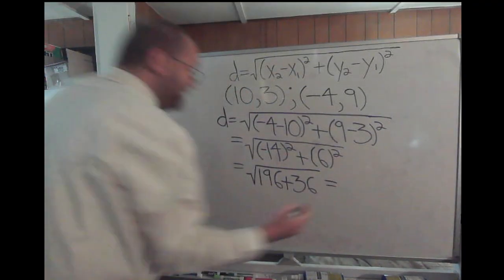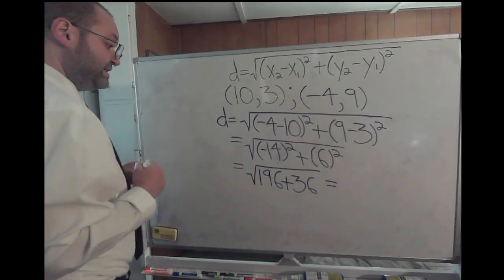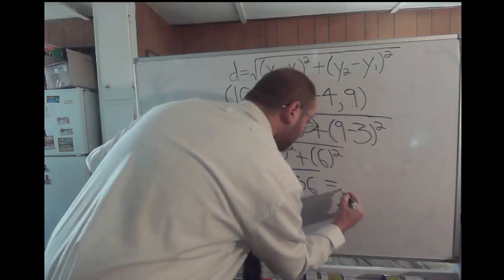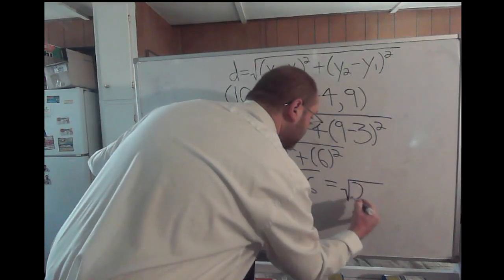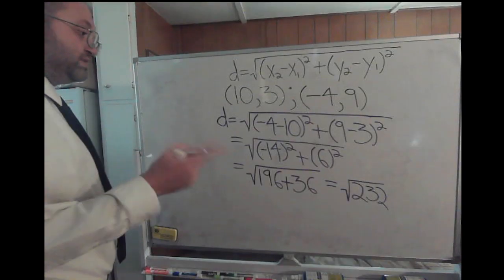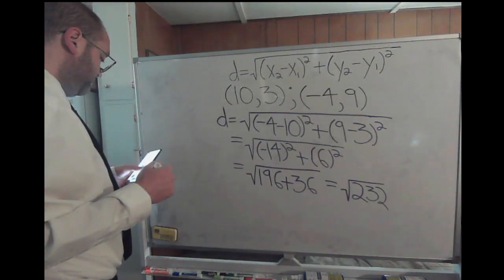Now I just simply need to add these up. So 196 plus 36, that would be the square root of 232. Let's see how much further that's going to reduce, because I know we don't have to leave it as the square root of 232.